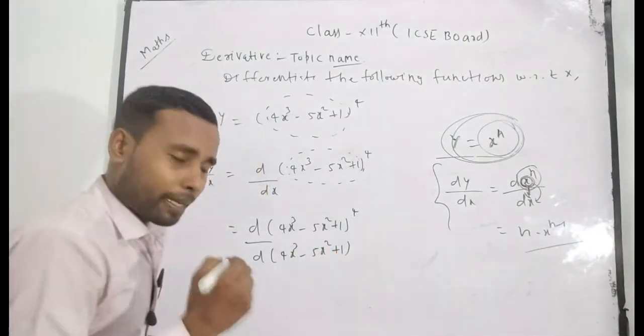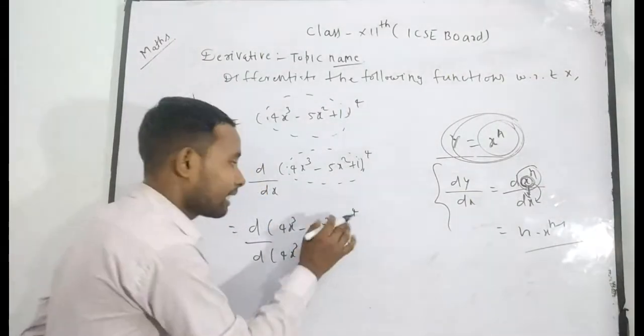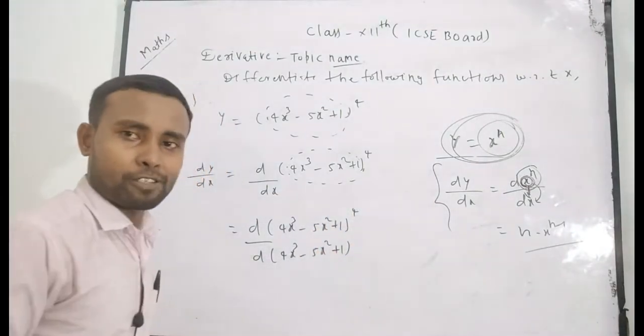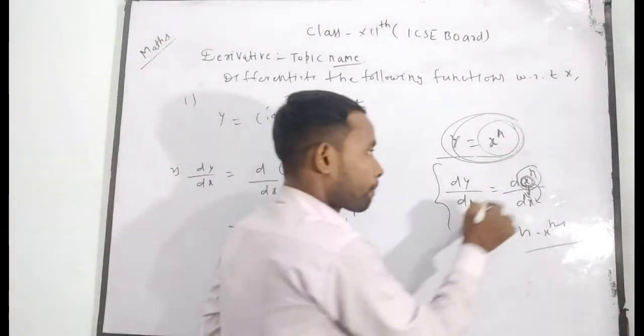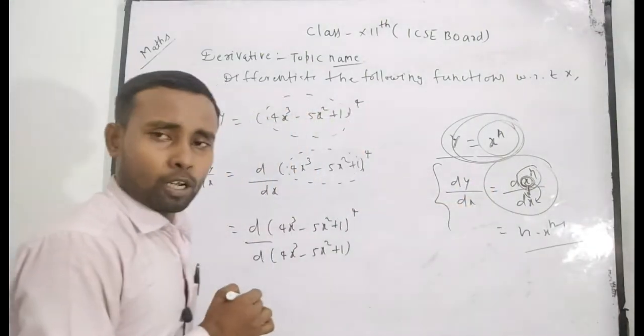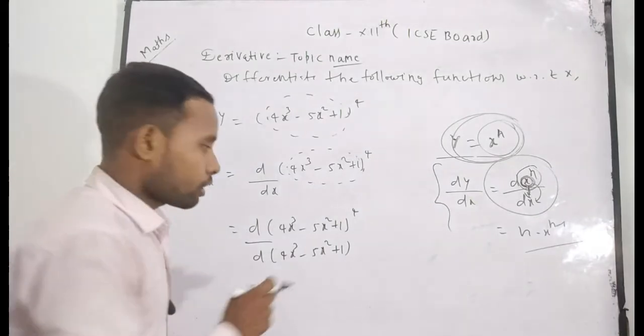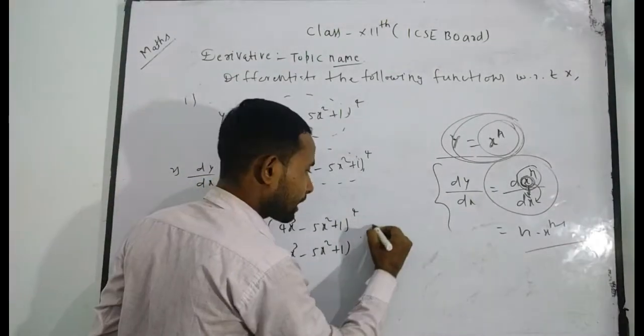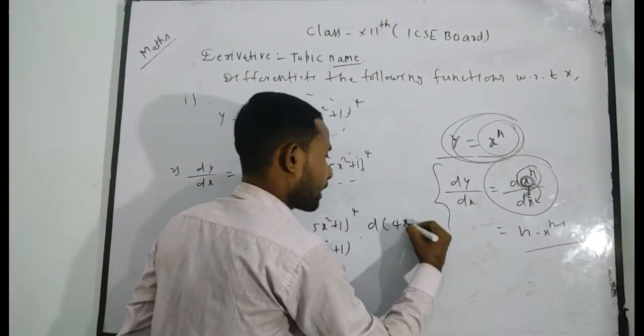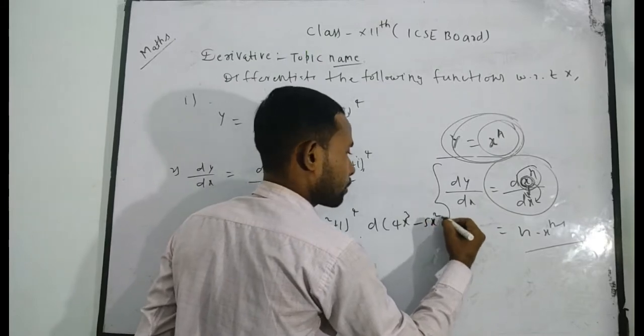Why do we take this? Because suppose that this is k. In that case, k to the power 4 is only differentiated with respect to k, after comparing with this formula. Now, this term has been taken here forcefully, so you also need to take it in the numerator. In that case, it will be d(4x cube minus 5x square plus 1).